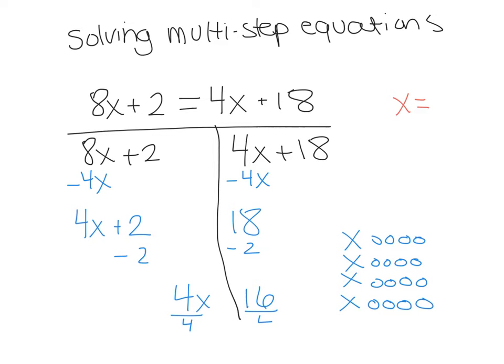So this first one is 8 times 4, that's a 32, plus the 2 that's there gives me 34 for the left-hand side. 4 times 4 is 16, plus 18 is also 34. Checks.